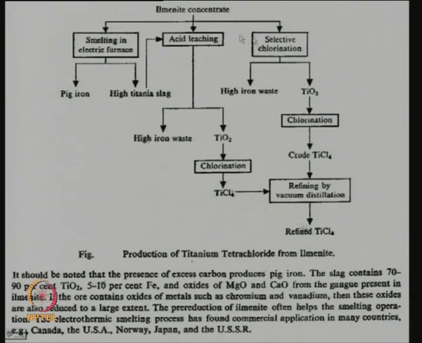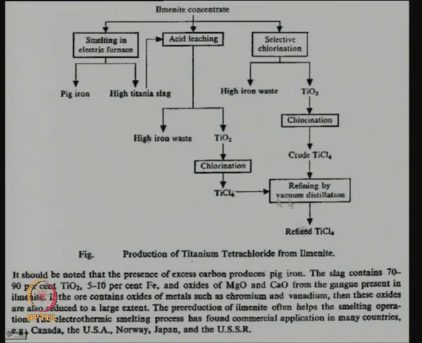Or we can go straight for chlorination of the ilmenite concentrate. That would also produce a high iron waste, that will go to waste, unfortunately. But it will leave behind TiO2, which can be chlorinated to produce crude TiCl4.